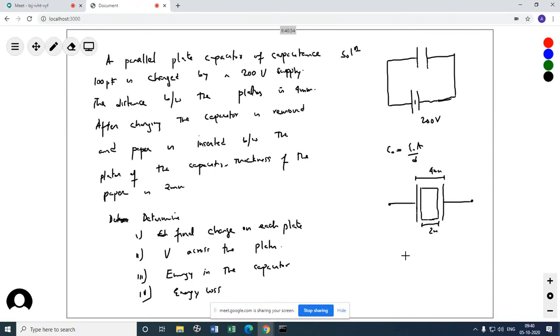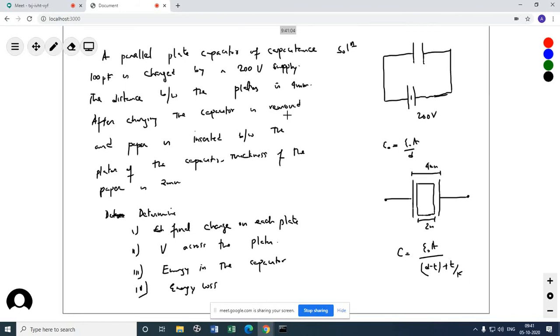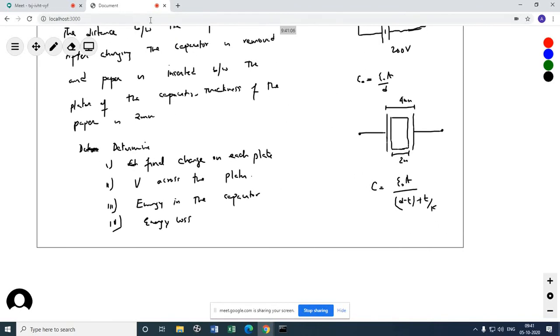So in this case, C will be epsilon naught A by D minus T plus T by K. Now what is K? I gave you a table yesterday. From that table, tell me how much is the dielectric constant of paper.